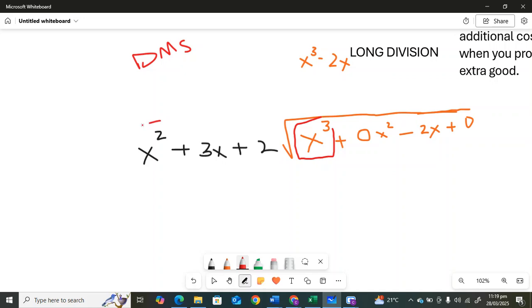You're going to divide it with this x squared. So x cubed divided by x squared, you're going to get x. We've done step 1, divide. So this x, you put it here.